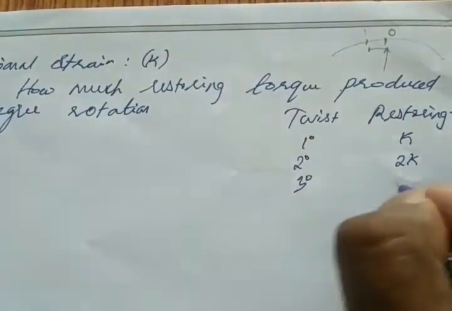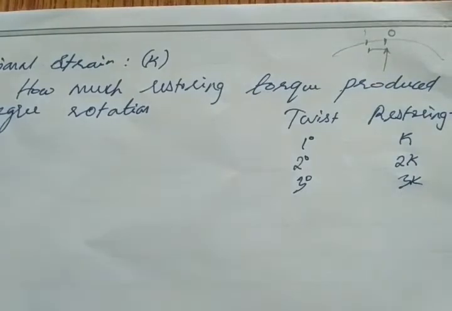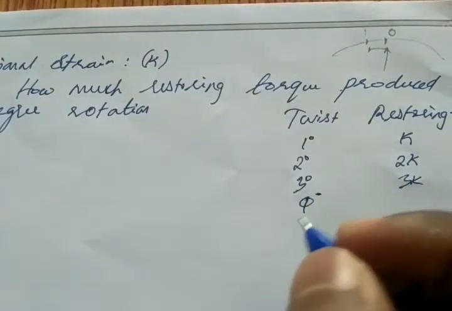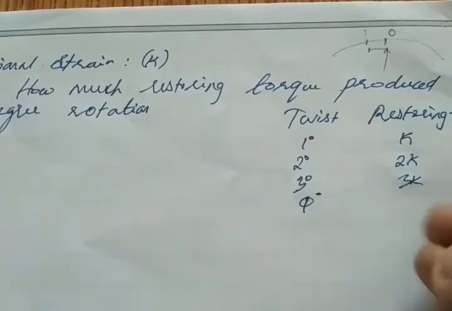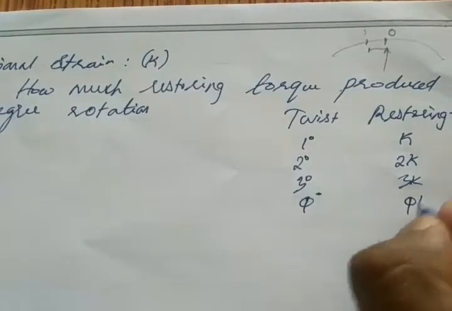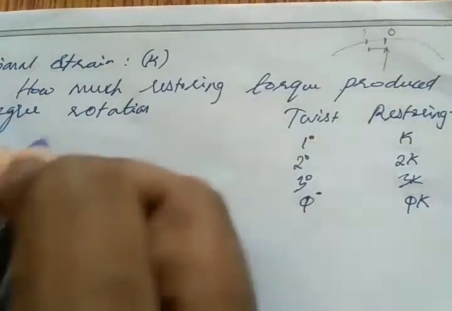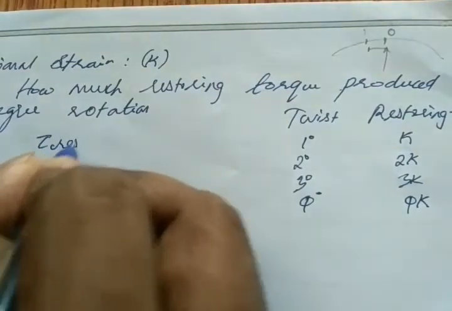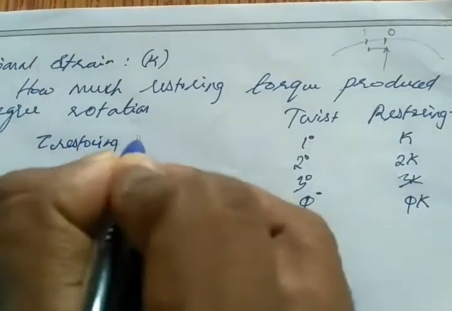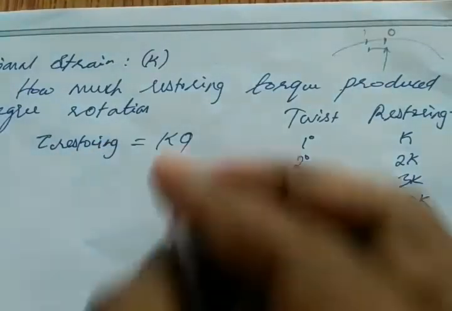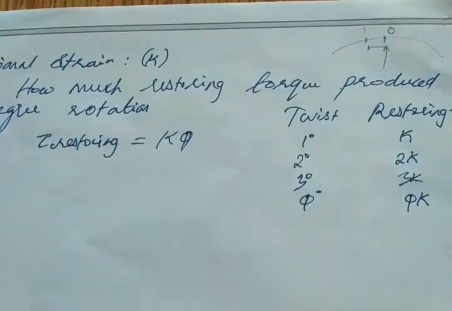For 3 degrees, 3K, right? For phi degrees, we don't know how many degrees, either 30, 40 or 60 degrees, then we get phi K. Clear? So we can say the restoring torque tau will be equal to K phi, where K is the torsional constant.